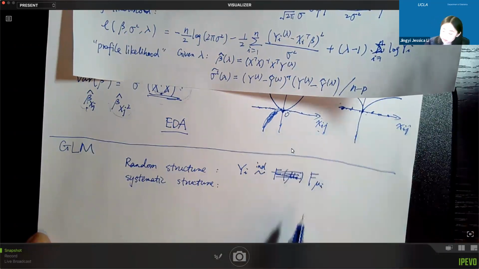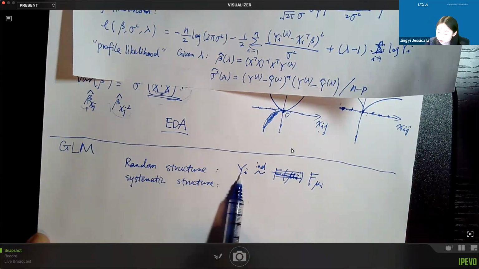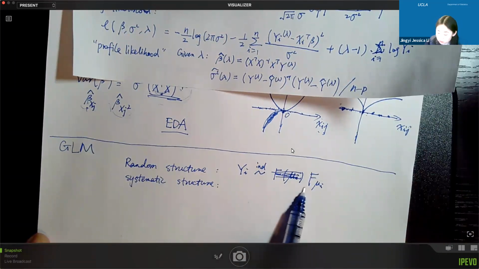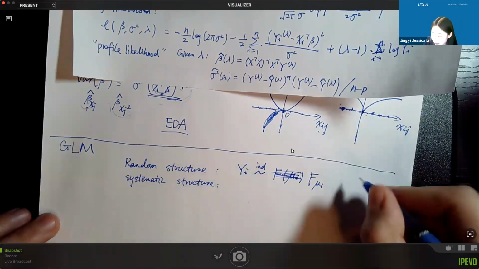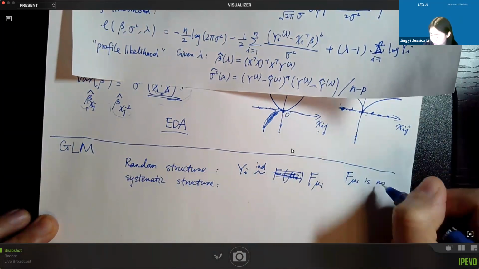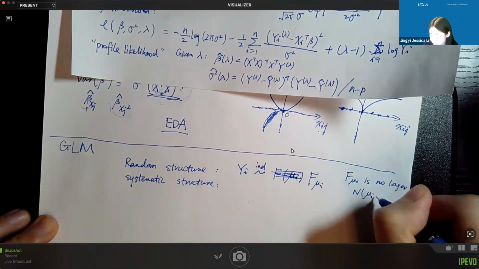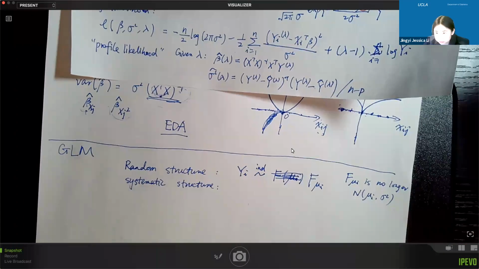So mu i is the mean parameter of some distribution f, and yi follows that distribution. When we generalize, this f(mu i) is no longer the normal with mean mu i and variance sigma squared. That's the generalization. We're not assuming a normal distribution anymore.